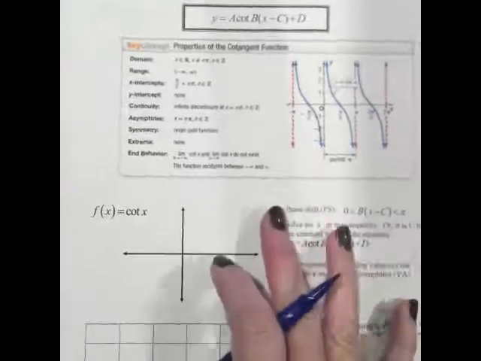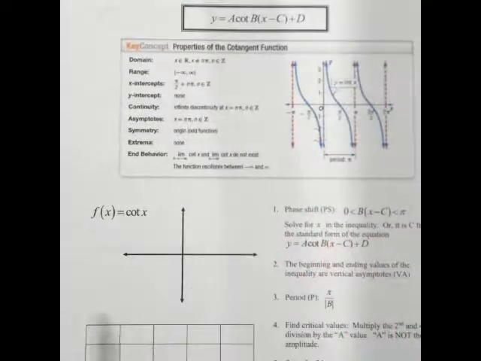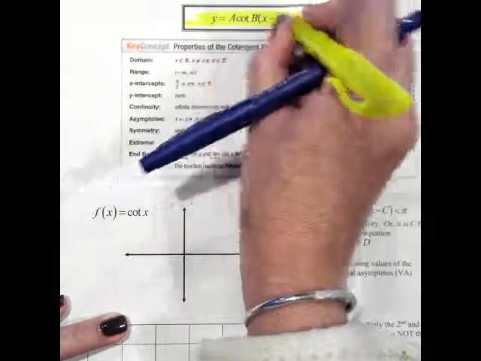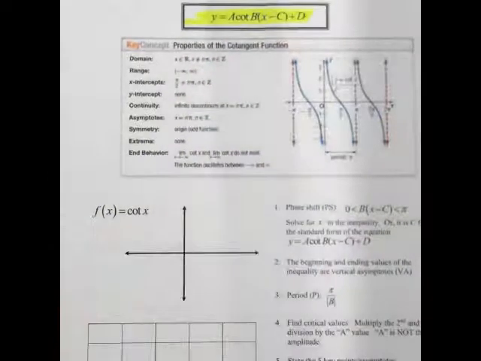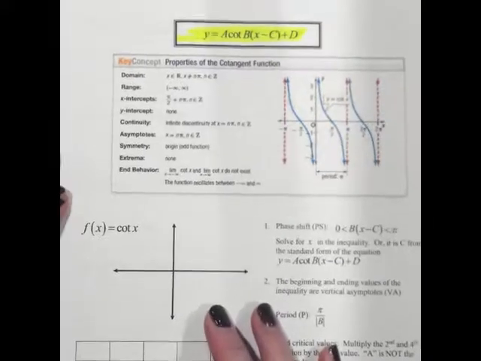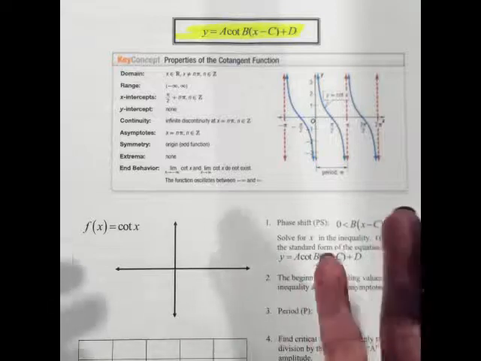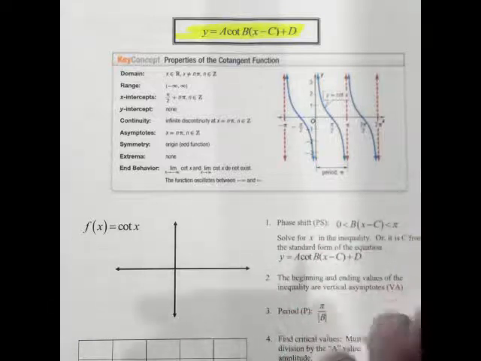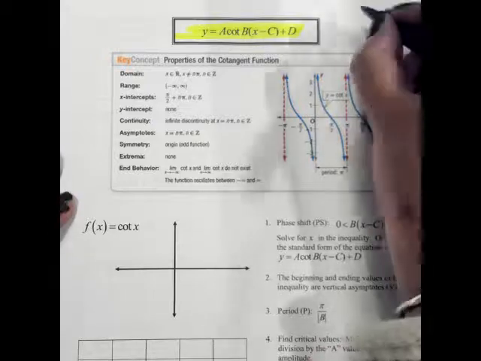If we take a look at the cotangent curve, again, your equation for cotangent, you identify the transformations exactly the same way as you did for your sine, cosine, secant, and cosecant. And just like we have for tangent and secant and cosecant, there are going to be places where cotangent is undefined.